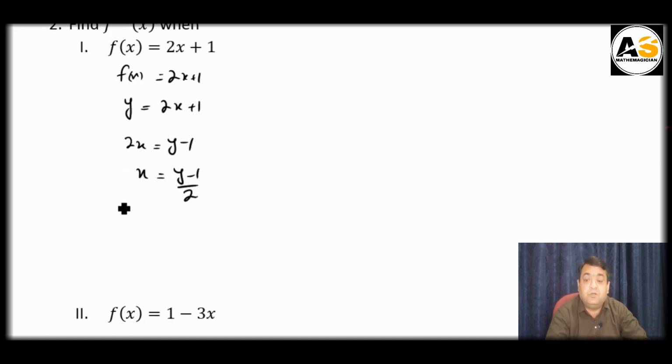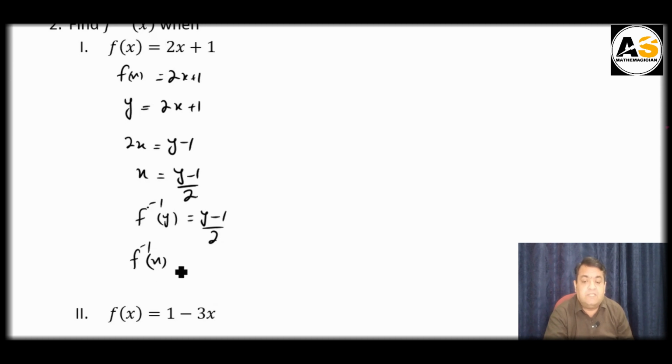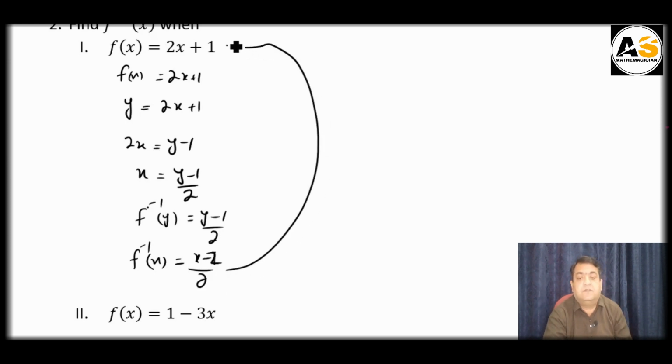In the next step, we will replace this x by f inverse of y, and in the last step, y will be replaced by x. So this is the inverse of this function.